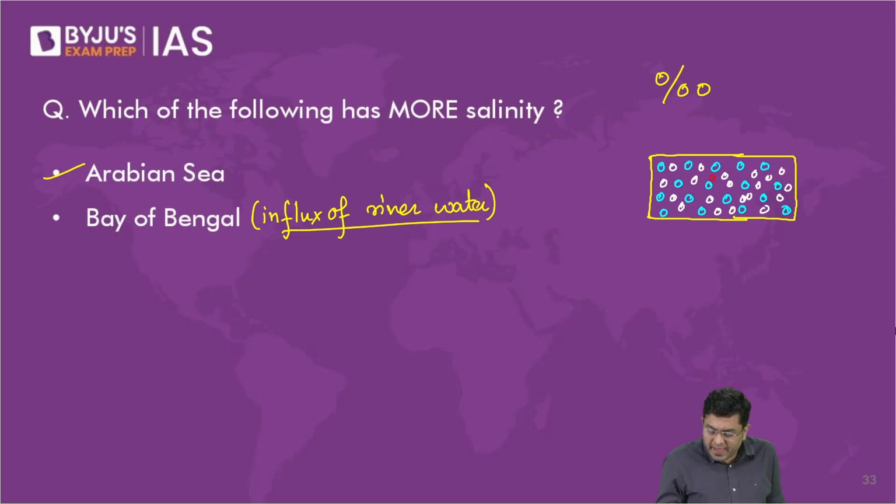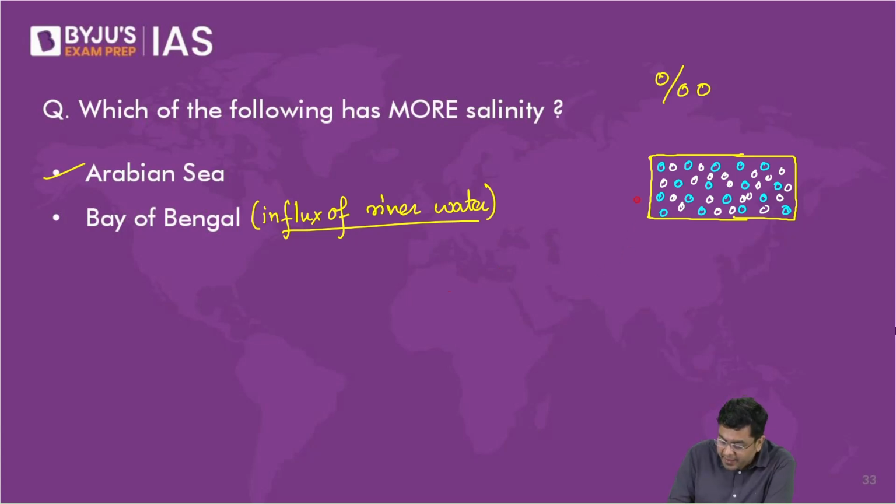So in a way, can we say that the presence of salts ends up determining the density of seawater? We can have that conclusion that the amount of salt content will end up determining the density of seawater. What is density? Density is how close the particles are packed, right?